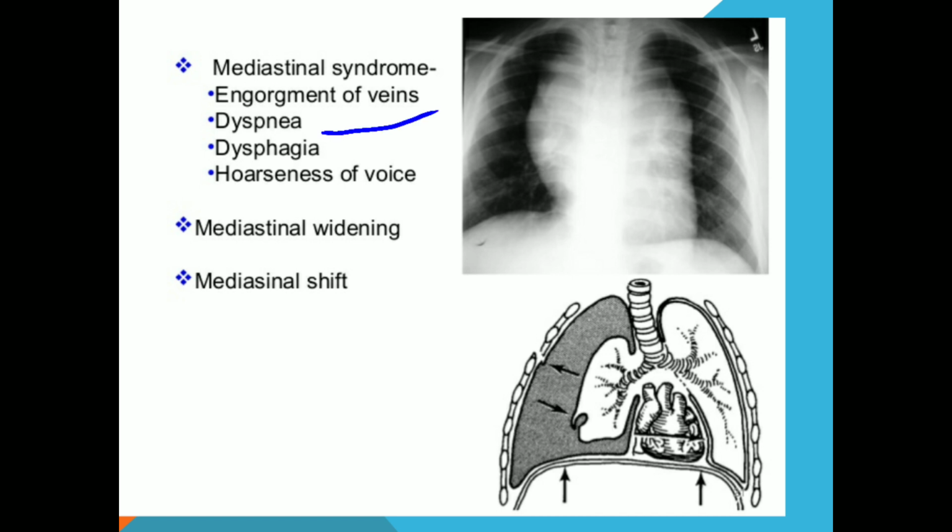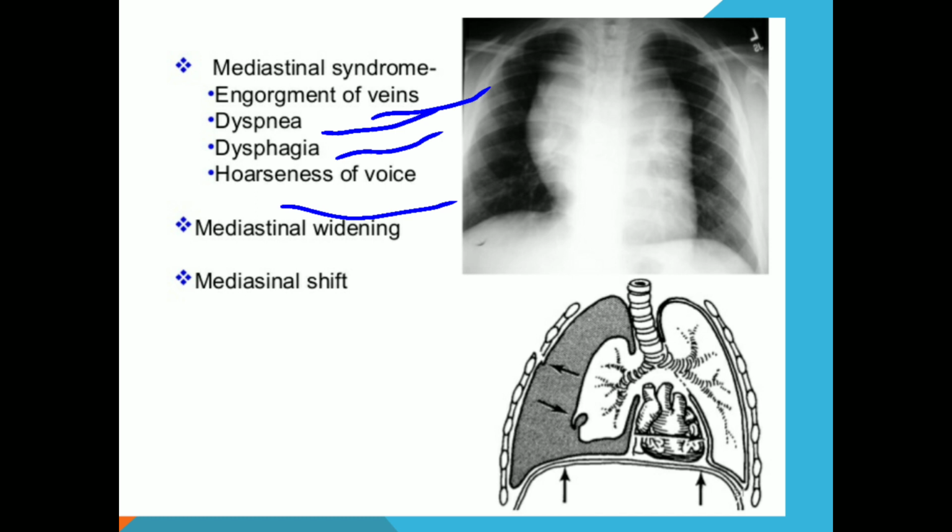If it is compressing the esophagus, it will lead to dysphagia. If it compresses the left recurrent laryngeal nerve, which supplies the larynx, it will lead to hoarseness of voice. If it compresses a vein, there will be engorgement of the vein.